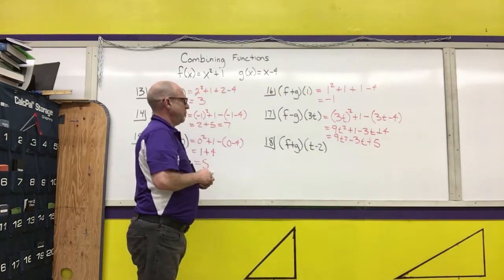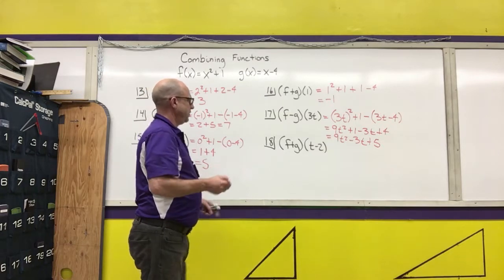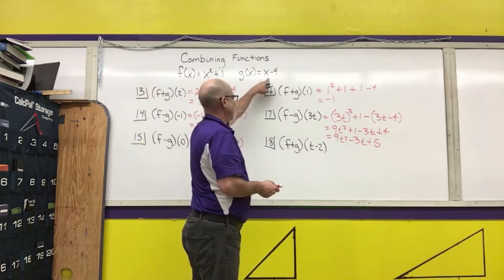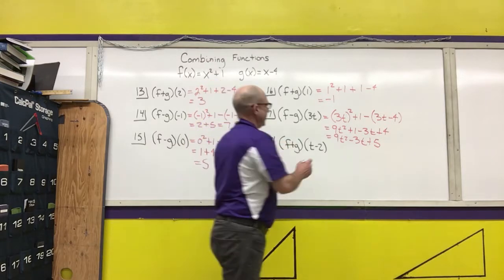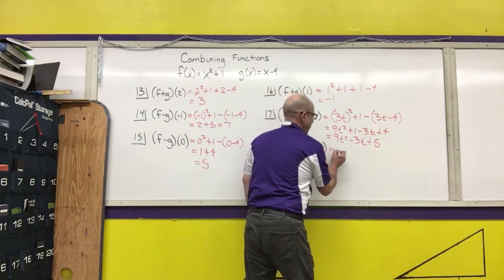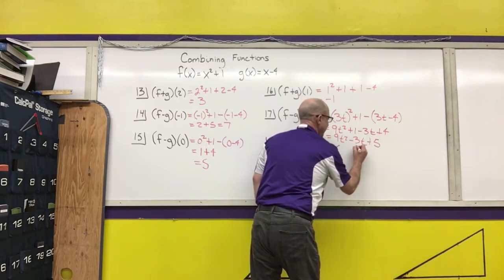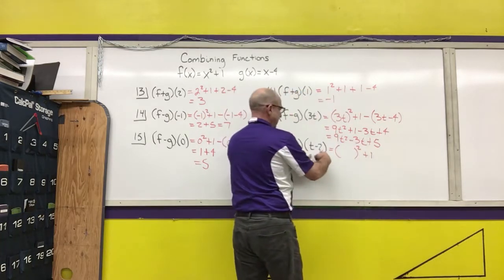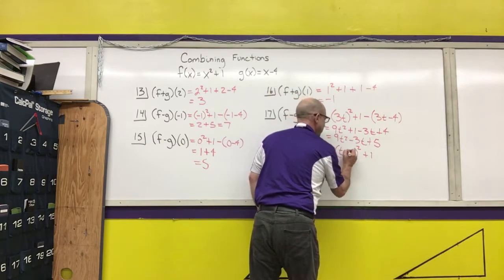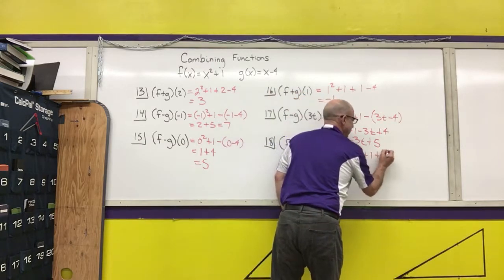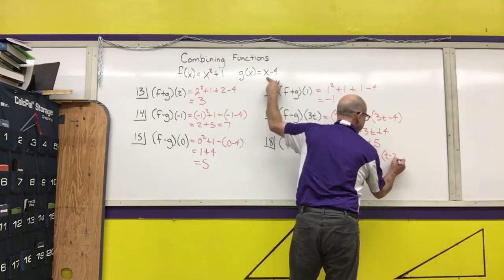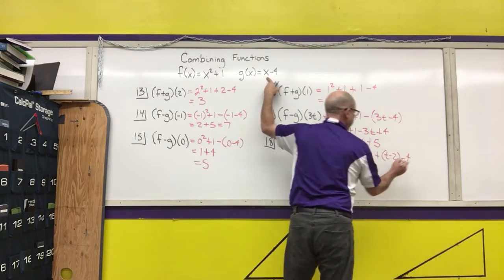And the last example of sums and differences, I'm going to put a t minus 2 in for x into both functions and take their sum. So, function rule says take your number and square it, then add 1. My number is t minus 2, plus the number, which is t minus 2, minus 4.